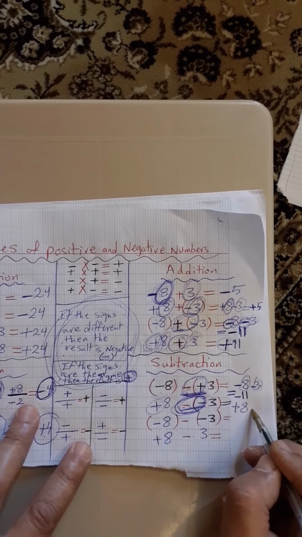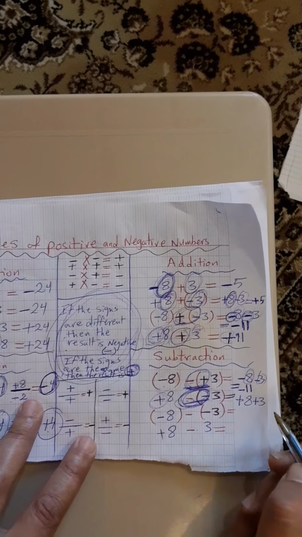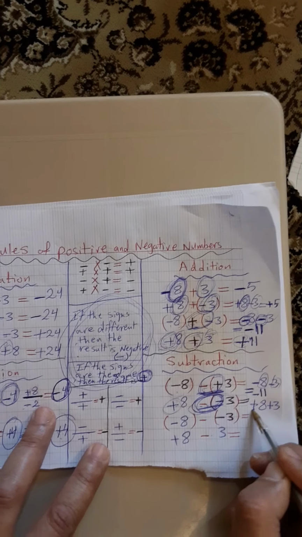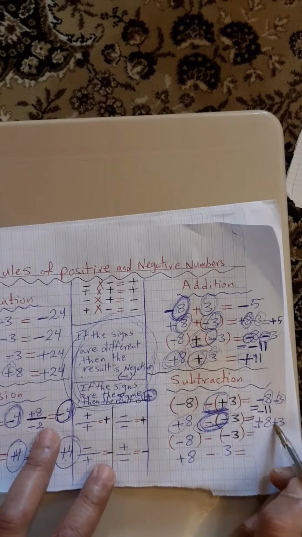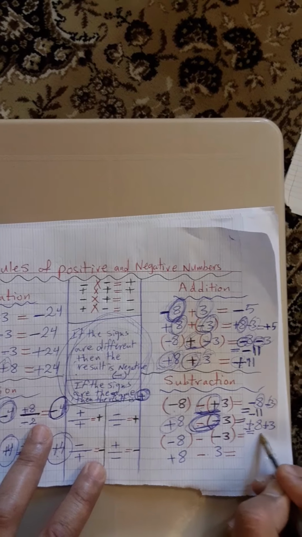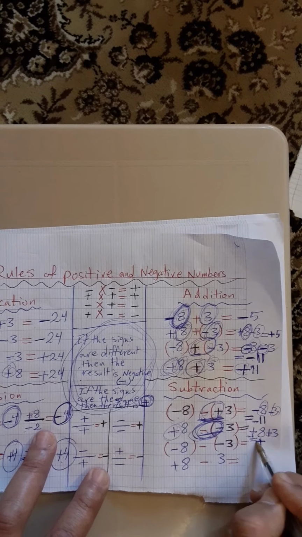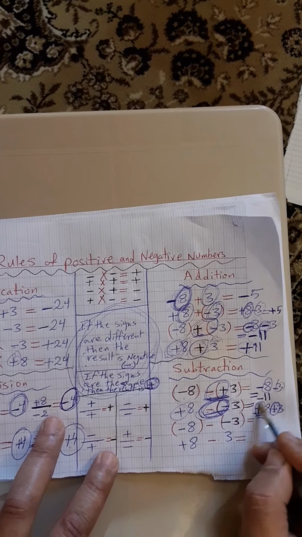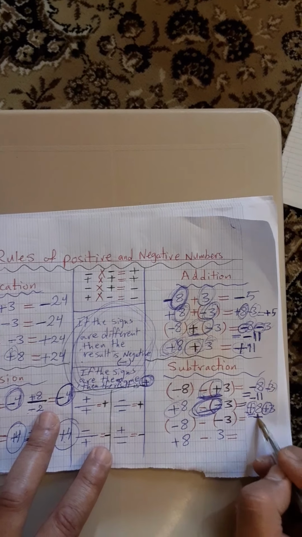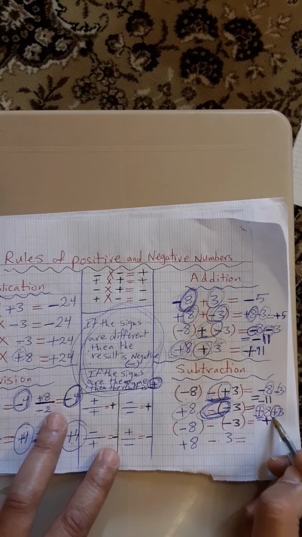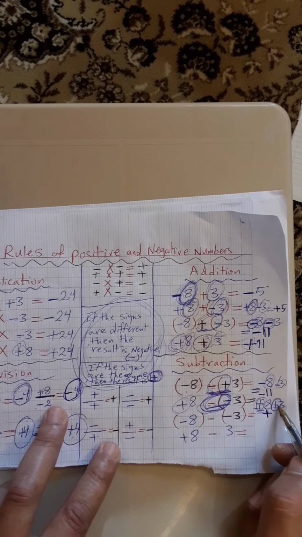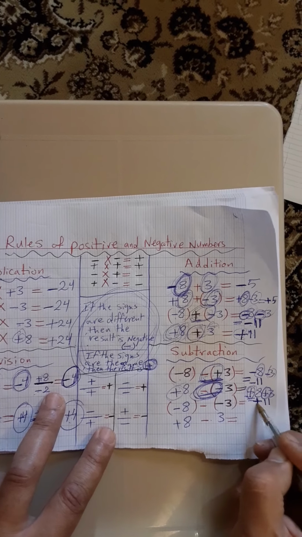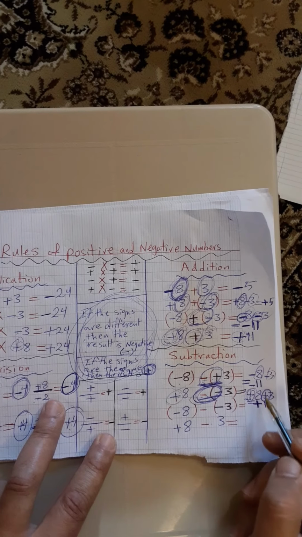Minus times minus is plus 3, plus 8 plus 3. You have the same signs, then you keep the same sign. Plus 8 and 3, we must add the values. The result is plus 11.